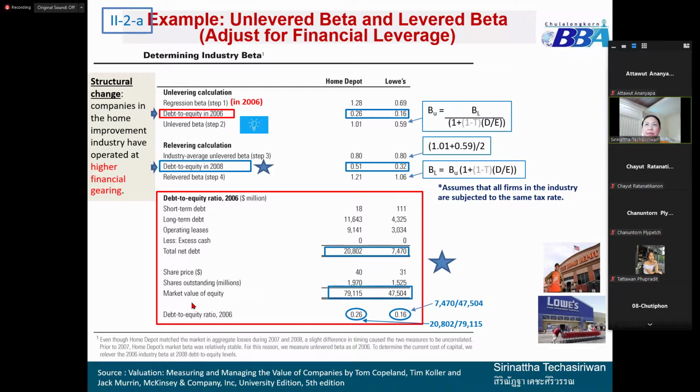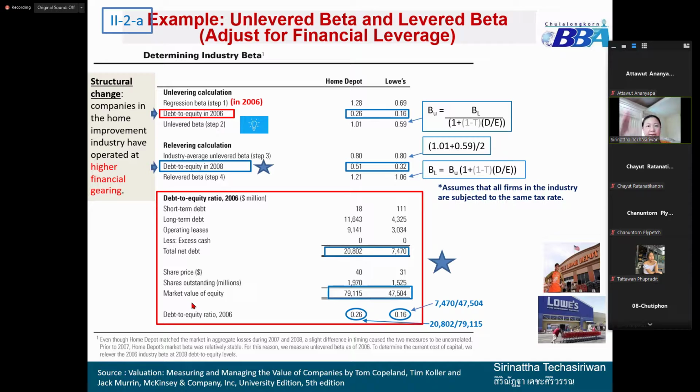Like we know, a company should run at an optimal capital structure, right? If the company can have a higher level of debt in the optimal capital structure, it may be because of the lower business risk of the industry, right? So in this case, they expect a higher level of debt in the future compared to the past.